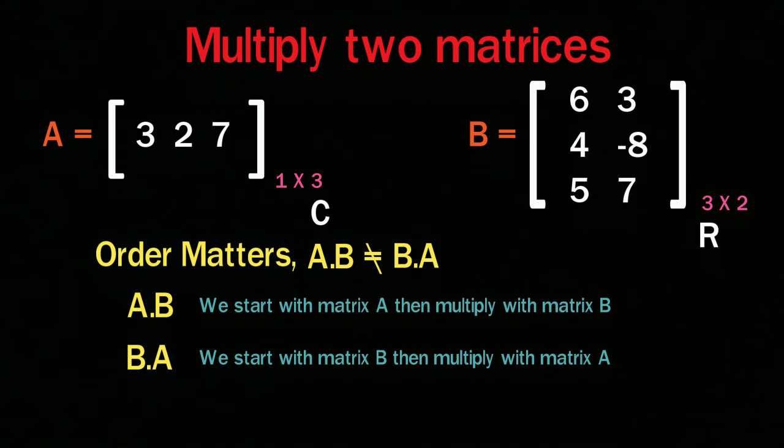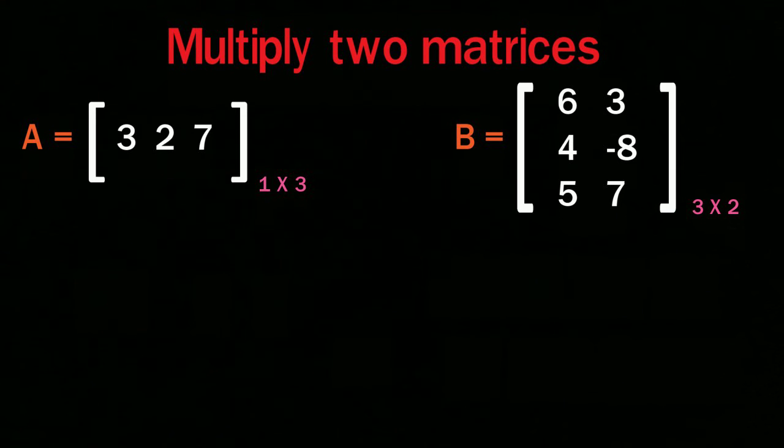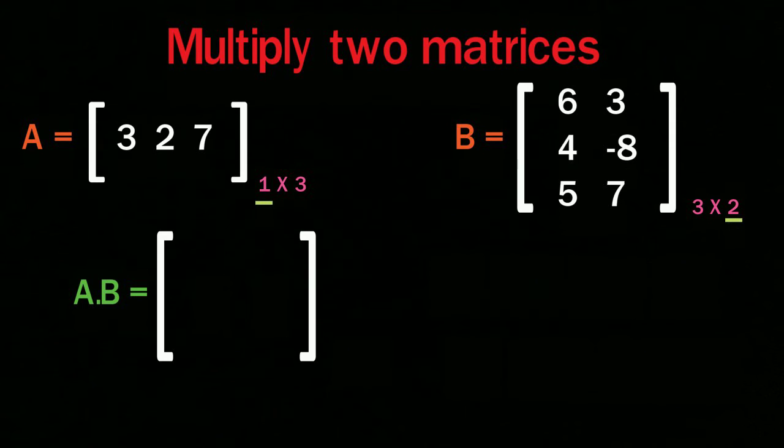In this example, since the column of the first matrix is 3 and the row of the second matrix is also 3, we can multiply A and B. Let's start with the first multiplication, A multiplied with B. Before I do anything, when A multiplies with B, we should get an order of 1 by 2 as the answer.